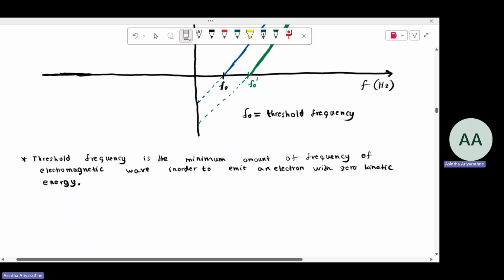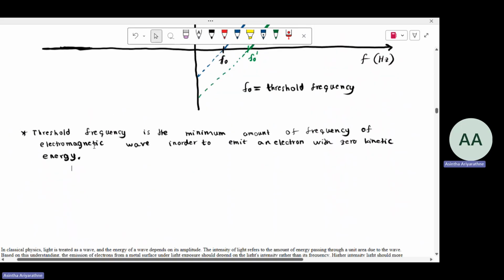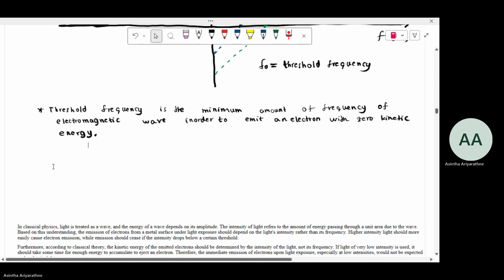So when an electromagnetic wave having threshold frequency hits a metal plate, it will emit an electron with zero kinetic energy. So the energy possessed by the electromagnetic wave is just enough to emit an electron, without giving it kinetic energy. Right.